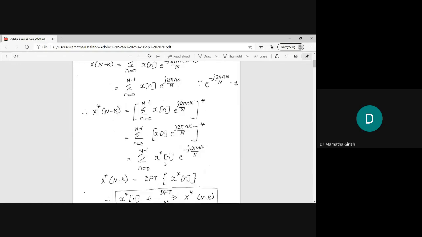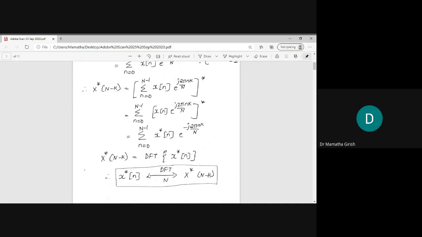Accordingly, x conjugate of n is written separately, and the complex conjugate of e to the power of plus j 2 pi nk by N is nothing but e to the power of minus j 2 pi nk by N. As I've told earlier, complex conjugate is just what? Changing the sign of the imaginary term. Hence, plus j becomes minus j, and x of n becomes x complex conjugate of n.